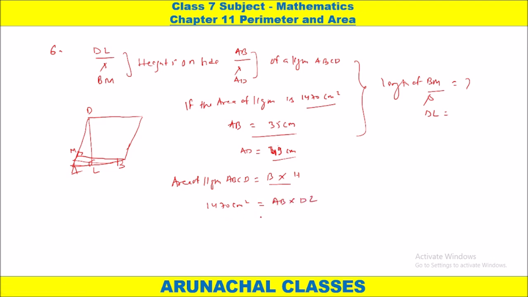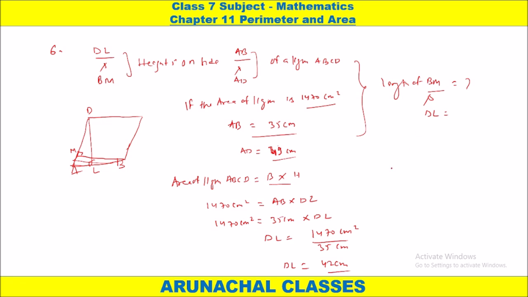AB value is given as 35 centimeter in the question. DL is not known. 1470 centimeter square equal to 35 centimeter multiplied by DL. Then DL value will be equal to 1470 centimeter square divided by 35 centimeter. Now if I solve this one, I will get the DL value, that is 42 centimeter.